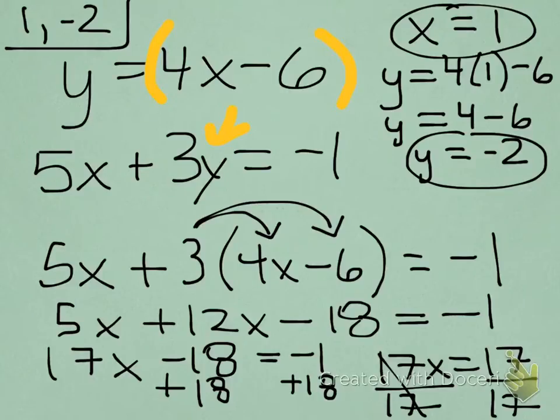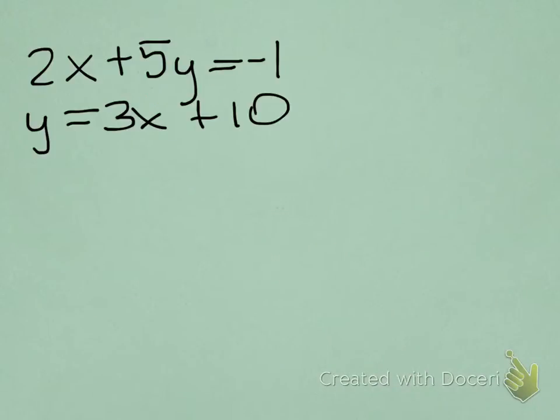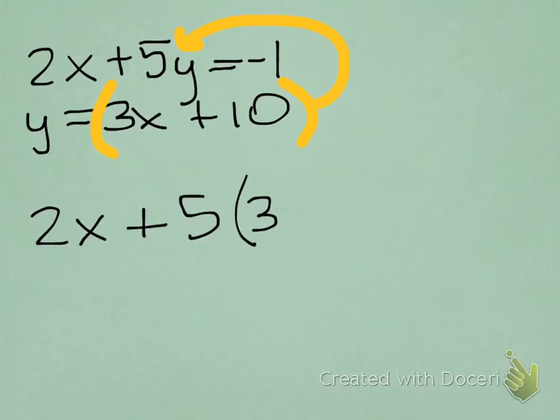We're going to do a couple more of these. This one, if you notice, one of them is following step 1 already, so we don't need to do step 1 because one of them is already equal to y. So we're going to take what's equal to y and substitute it in for y into the other equation. So 2x plus 5 times 3x plus 10 instead of y equals -1.